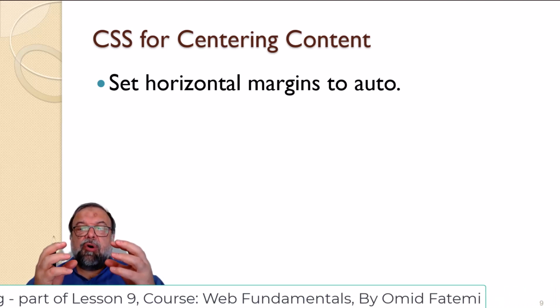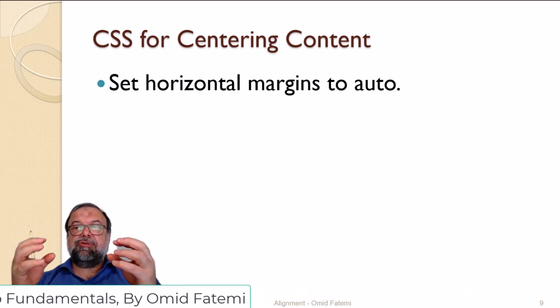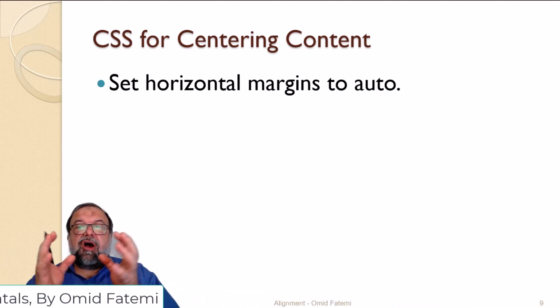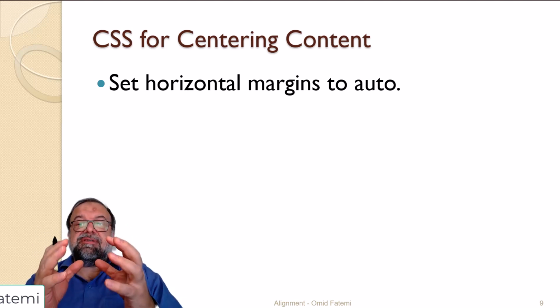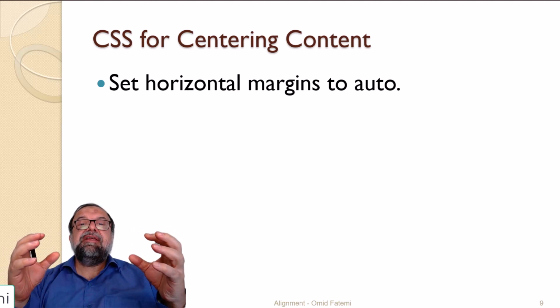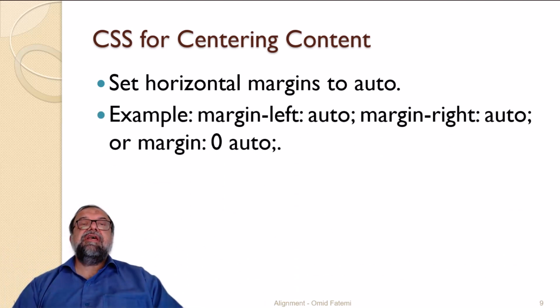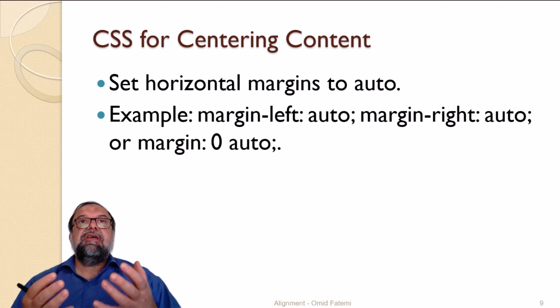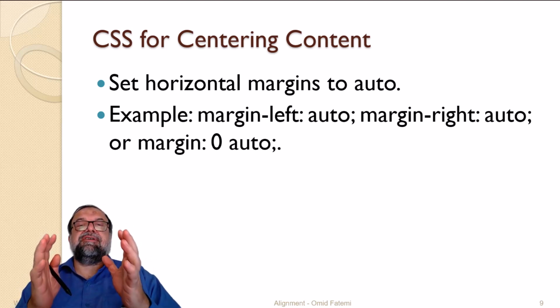When you set the left and right margins to auto, the browser centers the element in the display area. For example, you would say margin-left: auto and margin-right: auto. What it does is make the element centered in the display area.